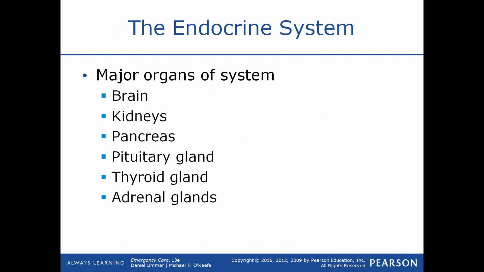The pancreas is responsible for secreting pancreatic juice, which is important in the digestion of amino acids. But the pancreas is also important because it secretes two hormones, one called glucagon, which raises your blood sugar, and one called insulin, which lowers your blood sugar.